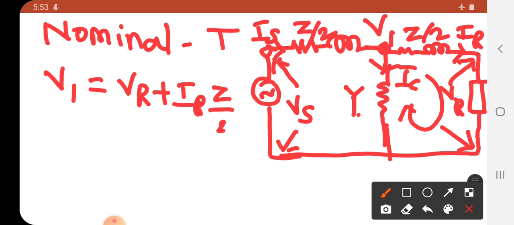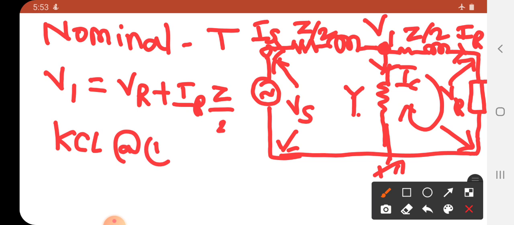Then the second equation: what is Is? Apply KCL at node 1. Incoming currents equal outgoing currents, that is, the sum of incoming currents is equal to the sum of outgoing currents.